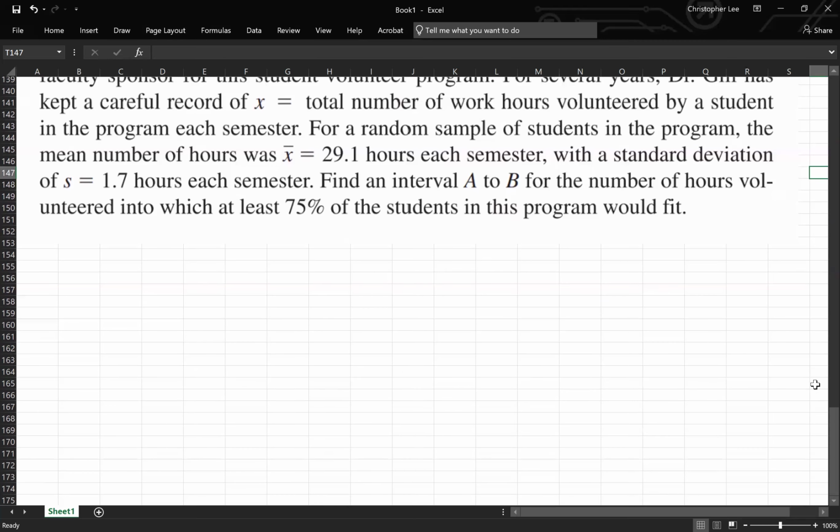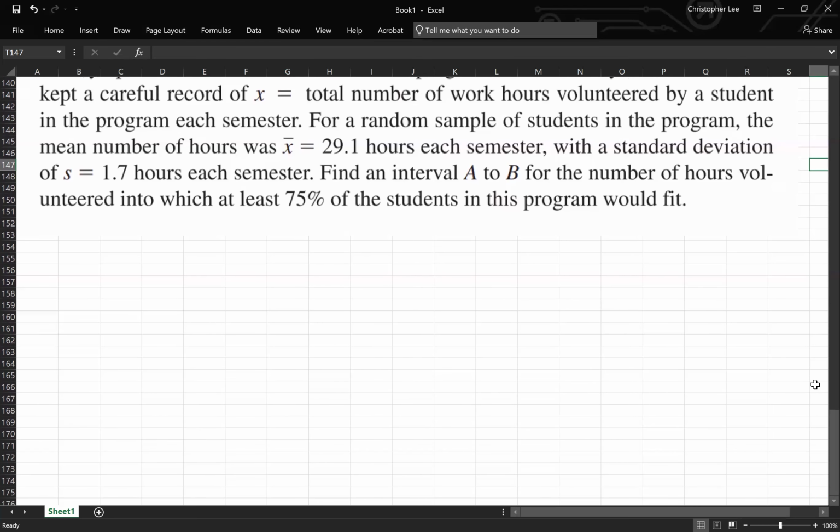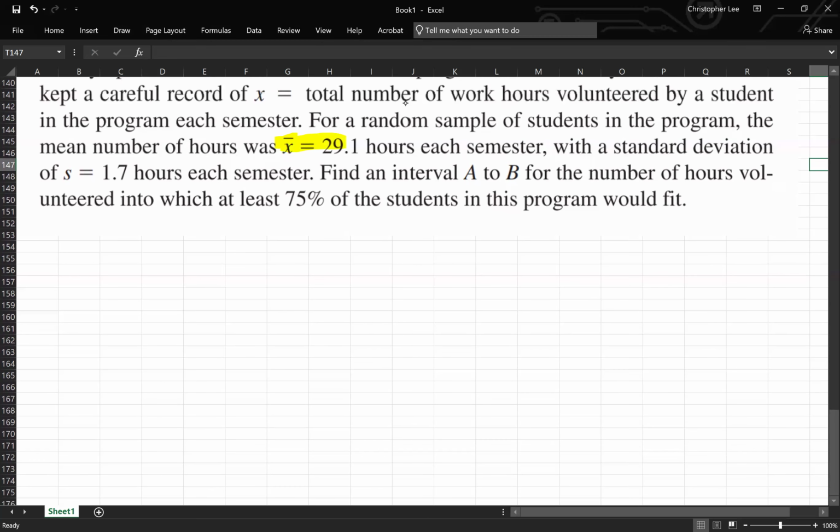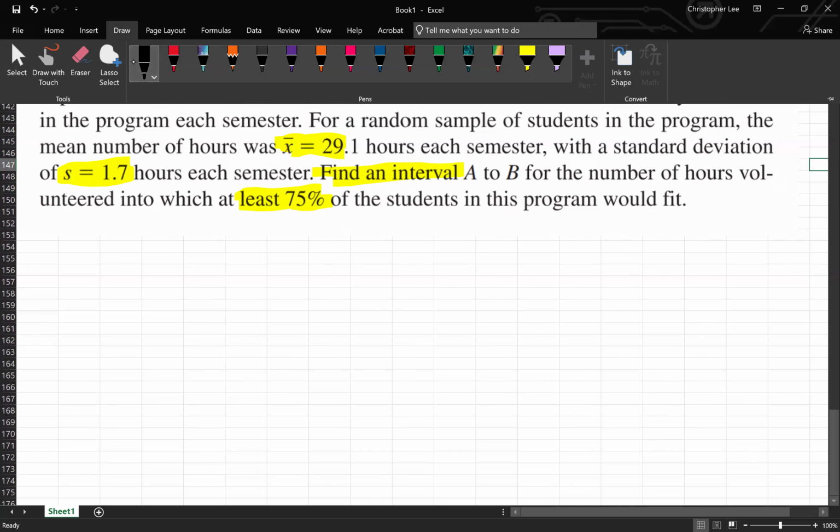So let's take a look at this real quick, right? I have my X bar right here, which is 29.1. I have my sample standard deviation right here, which is 1.7. And I want at least 75% of the data, and I'm looking for an interval. Those are our keywords right there. So let's write it down.